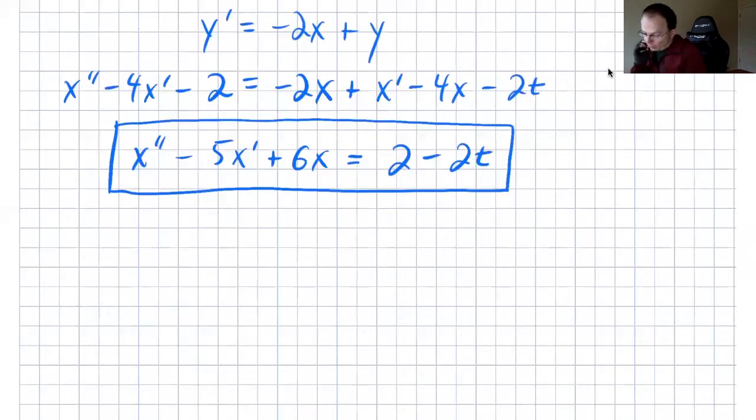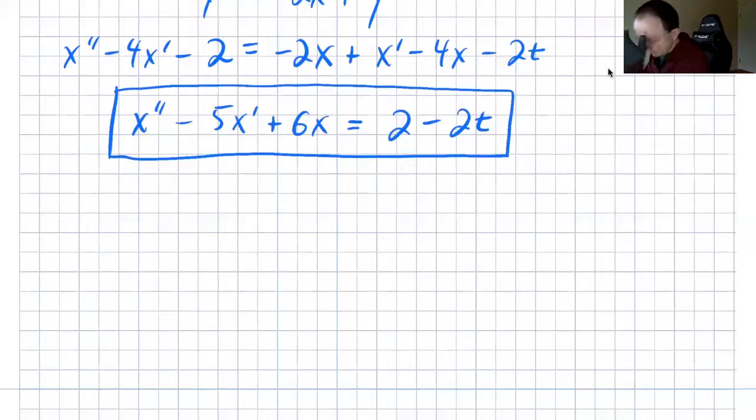And in order to solve this, first we need to find the complementary solution, which is the general solution for the homogeneous problem. And then we need to find a particular solution using the method of undetermined coefficients. So let's do that. Here we have r squared minus 5r plus 6 equals 0.